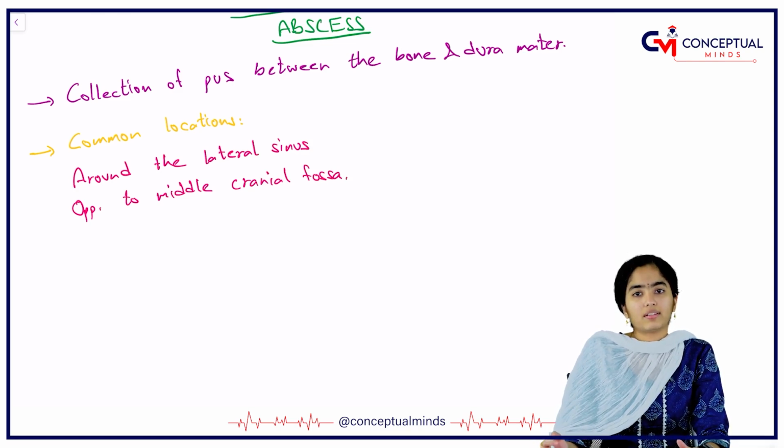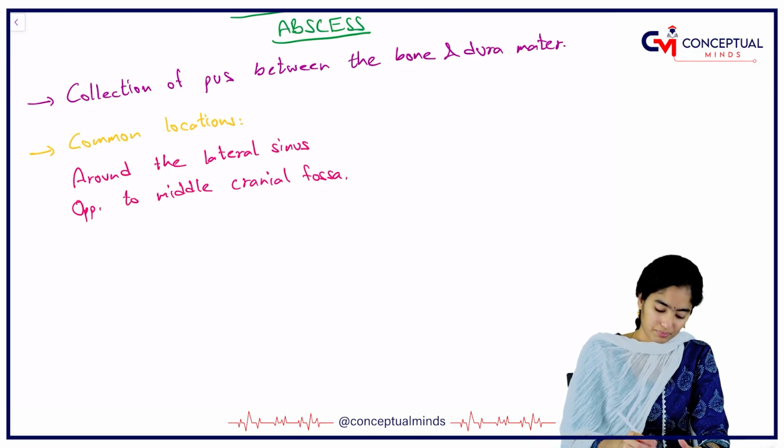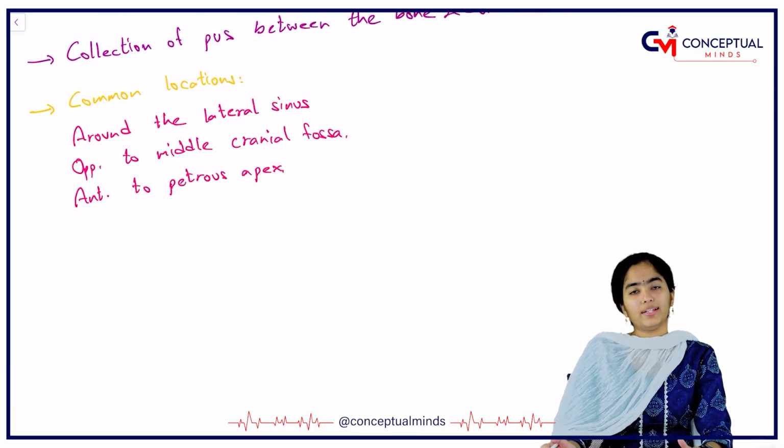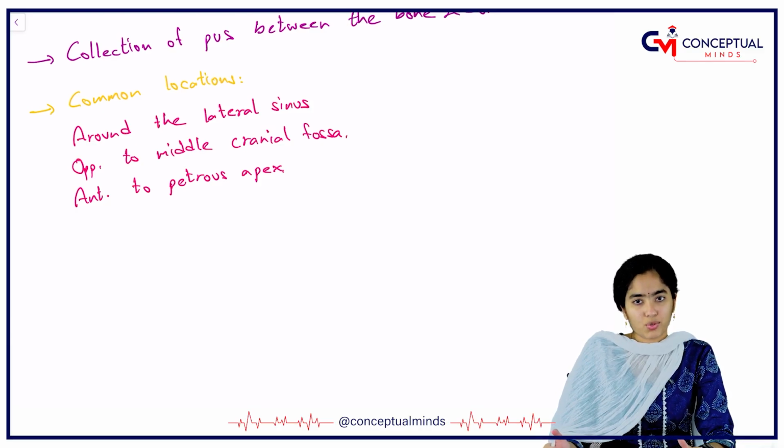And anterior to the petrous apex also, you can see the abscess. And how does it go there? How does it spread into that area? By destroying the petrous pyramid. And finally, opposite to the posterior cranial fossa also we can see it, where it destroys the bone in the Trotman's triangle.